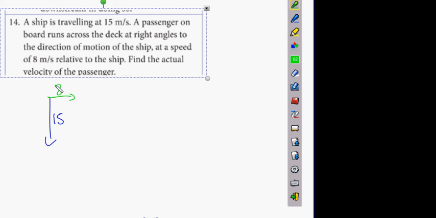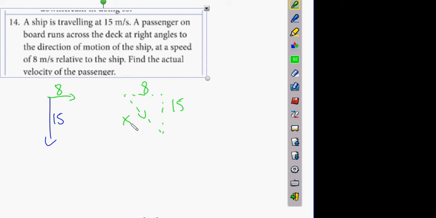So, technically speaking, your speed is going diagonally downwards. Would everybody agree with that? As you're going down, you're getting pushed out to the right. So when you break this into two components, it's 8 and 15. Do Pythagoras' theorem, I think the answer should be 17.